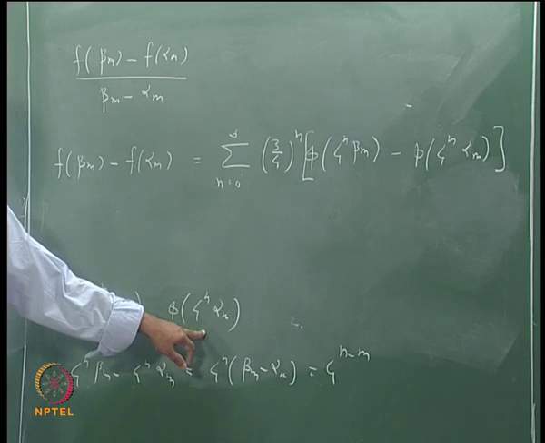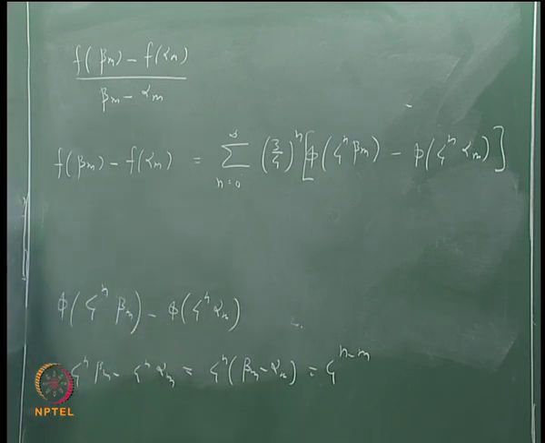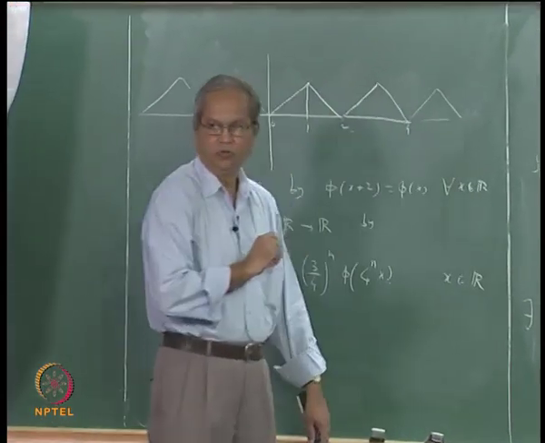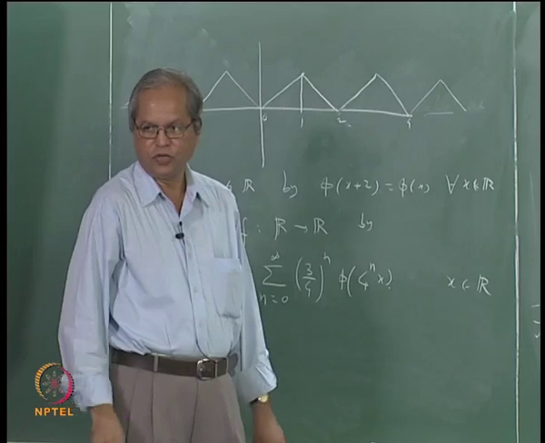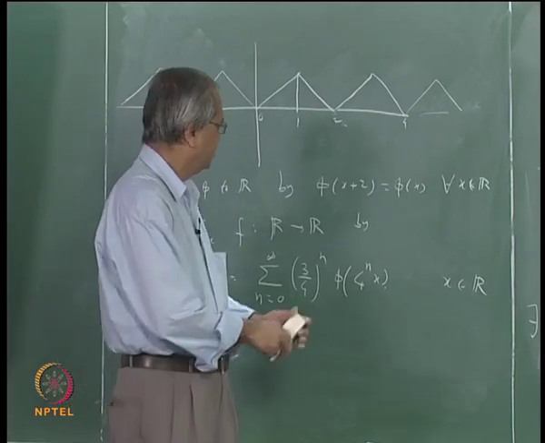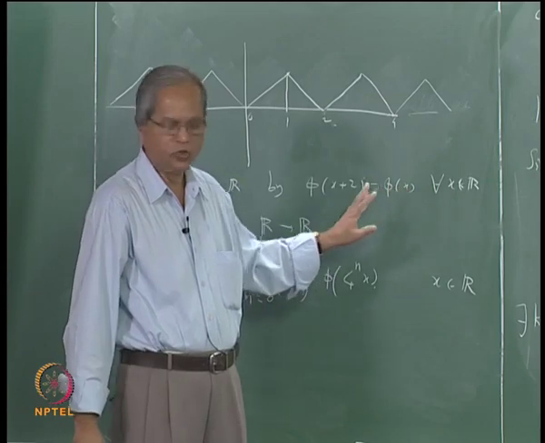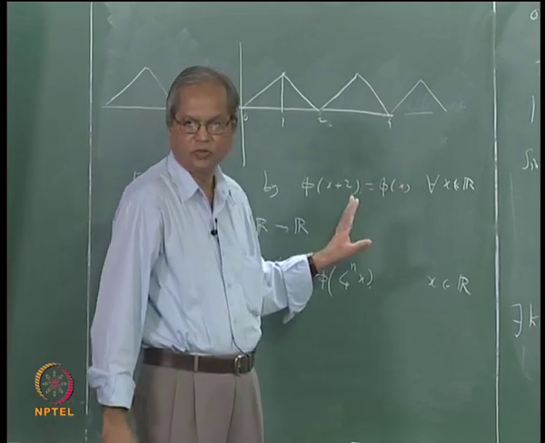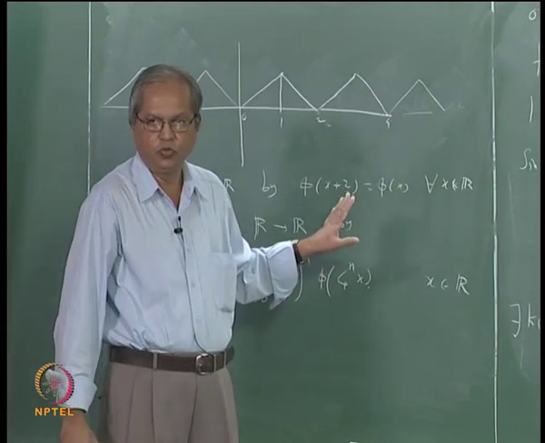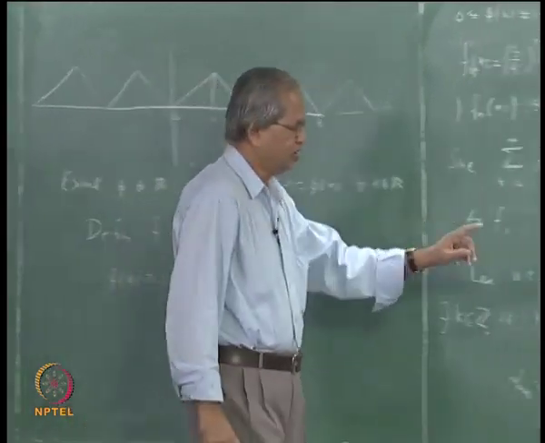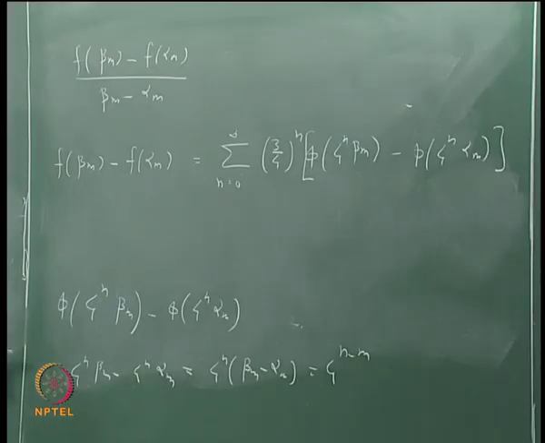Remember the property of phi: phi of x plus 2 is equal to phi x for every x. Similarly phi of x plus 4 is phi x, phi of x plus 6 is phi x. So if the difference between the two arguments of phi is a multiple of 2, the difference between the phi values must be 0. Now consider the case when n is bigger than m.